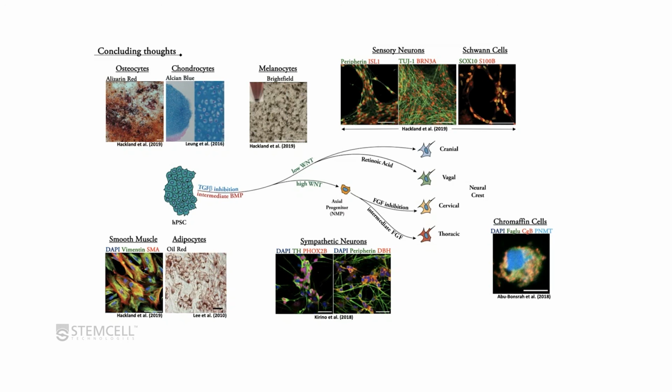There are other signals that are involved in the generation of sacral tissues in general. And I think it's likely that by utilizing these signals, we'll be able to generate sacral neural crest in the near future. That would be exciting. Right?